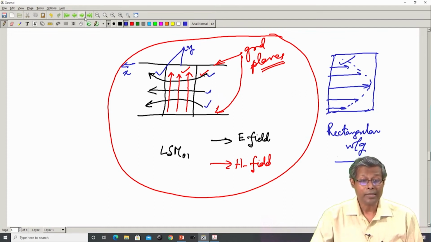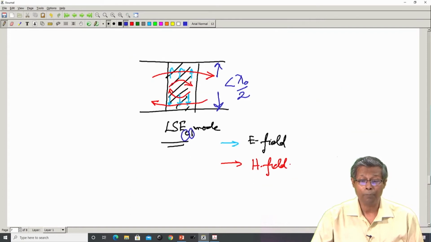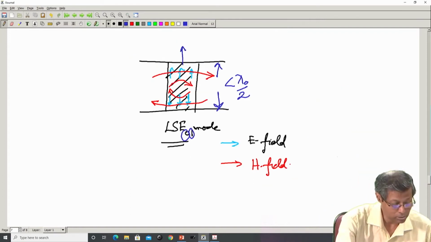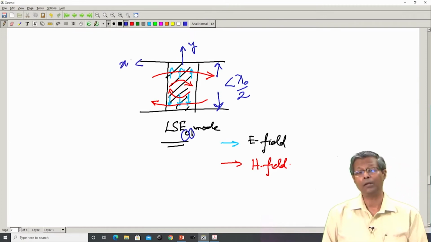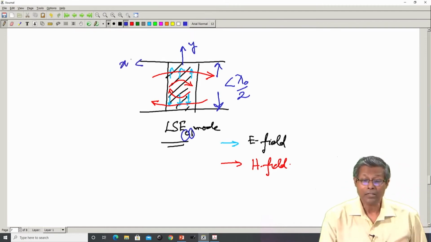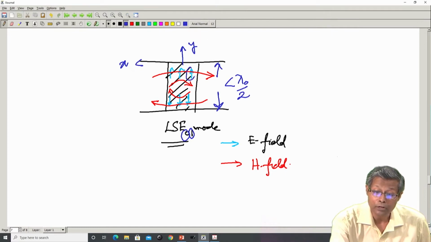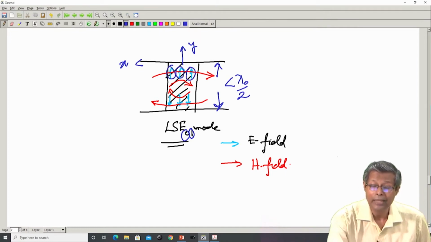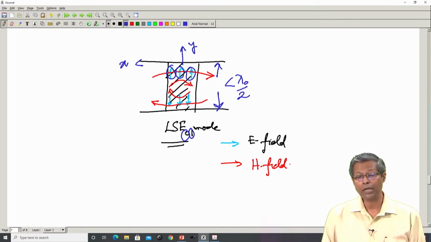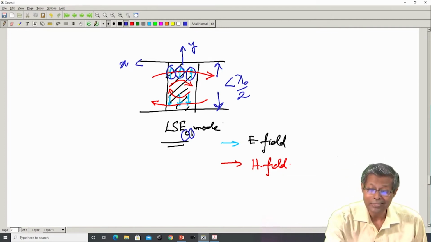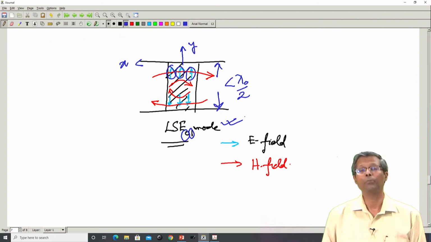However, if I insert a metallic plate along the XZ plane, that is going to short out these electric fields because they would be tangential to the metallic plates, and therefore, that is going to prevent the LSE01 mode from propagating.